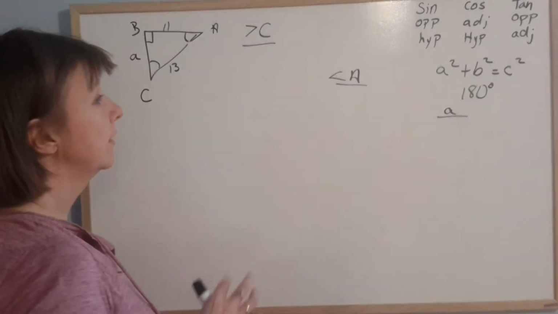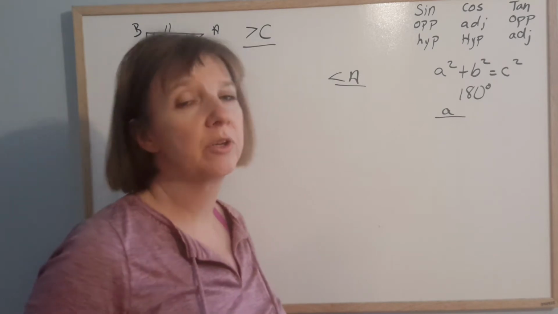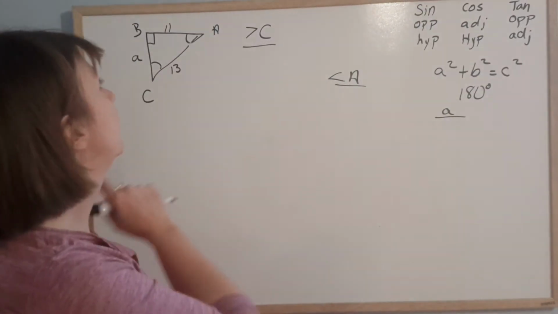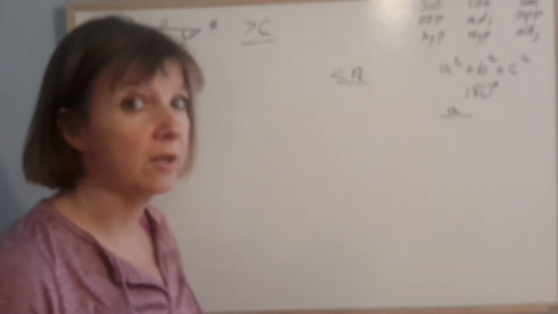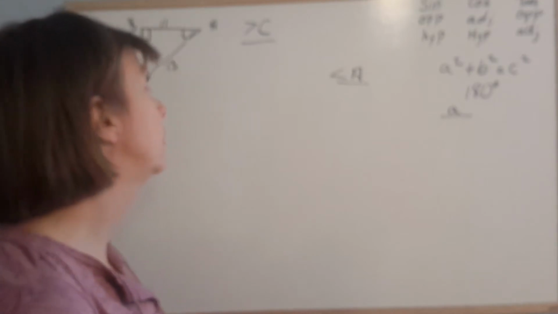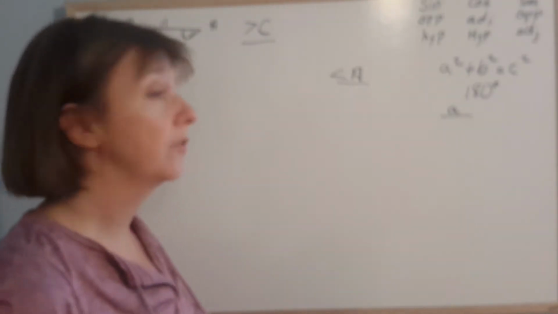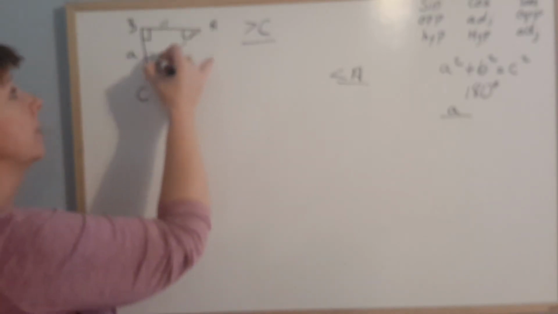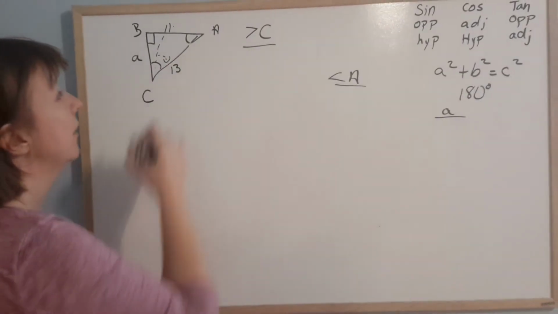So we have to find 3 different things. It doesn't matter which one you find first, second, or third. I'm going to find it in this order simply because that's the order I wrote it down in, but you don't have to do it this way. So if I was to find angle C first, I know the opposite to angle C, and I know the hypotenuse.